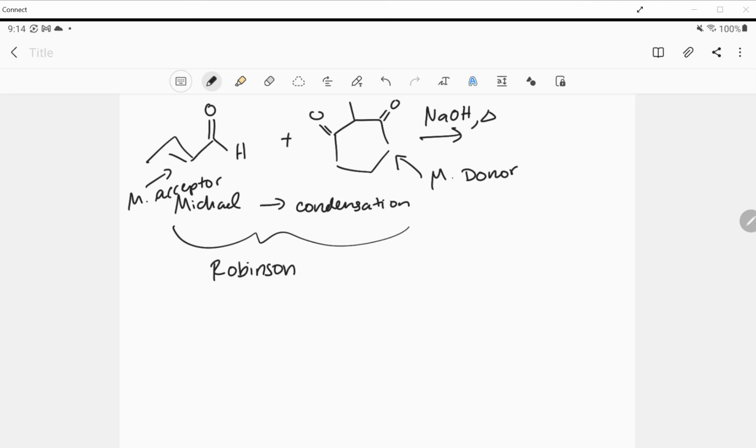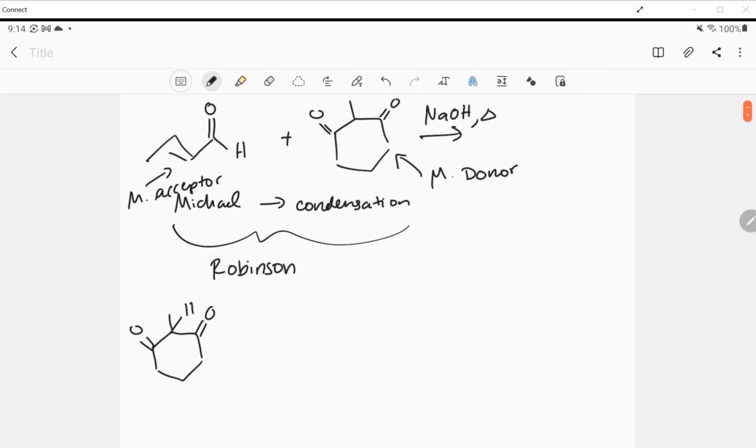So if we're going to go ahead and do our Michael addition first on these, I'm going to just draw our Michael donor. And we're going to go ahead and deprotonate this. So in the middle here is going to be the best position. That's the most acidic hydrogen.